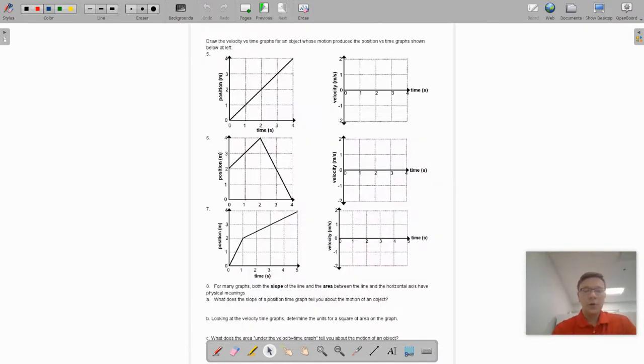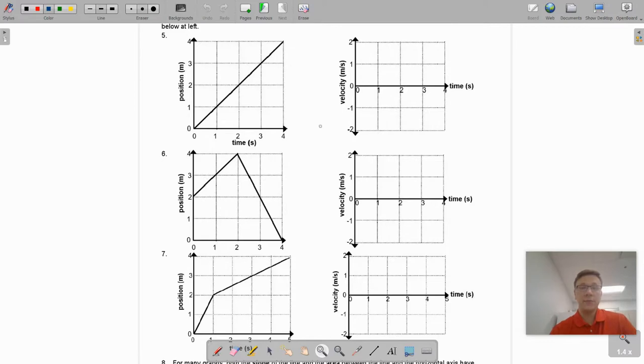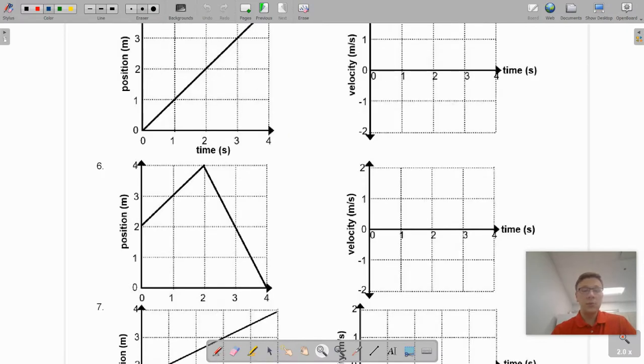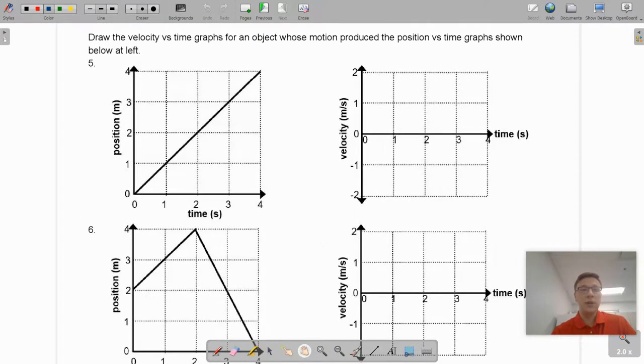Okay, so here we've got some position versus time graphs, and we're going to turn them into velocity versus time graphs. So this will help you see the difference between these two things, right? Because in this first one, what we've got is a constant velocity, right? So this is constant velocity for position versus time graph, okay?